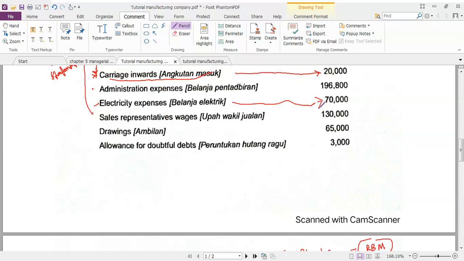Rishal kata minus, Joshua kata tambah. Okay, the correct answer is... Richie, what is your answer? We should add on or minus? Kalau kita ada belum bayar lagi, so expenses kita kena tambah ke kita kena tolak?